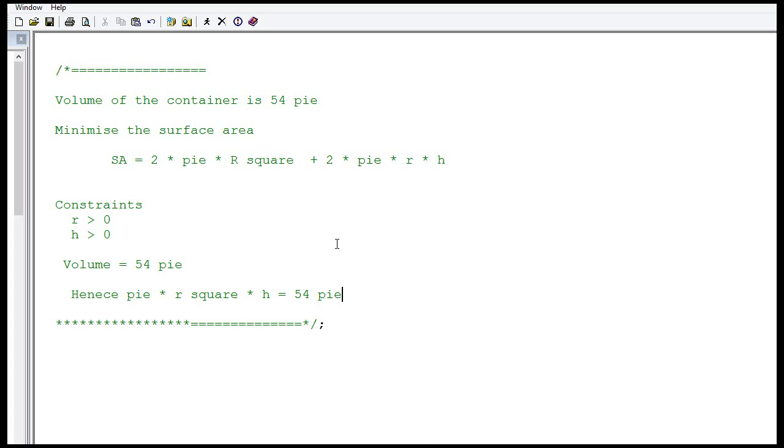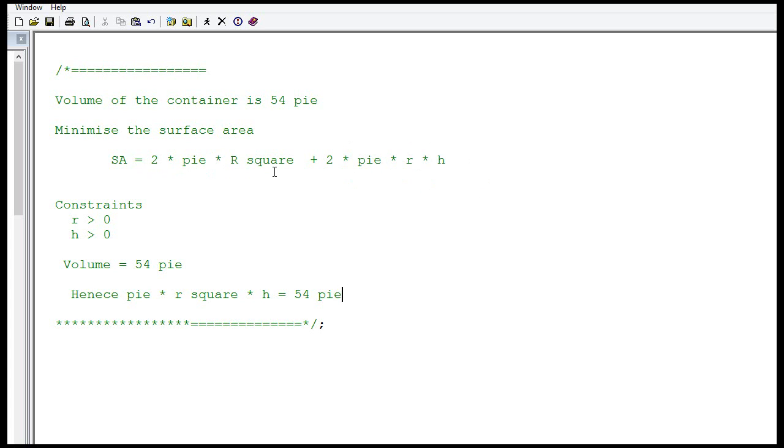The volume of the container is 54 pi, that is given to us. So what is the formula for surface area of a cylinder? It's 2 pi r square plus 2 pi r h. So r is the radius of its base, and h is the height of the cylinder.